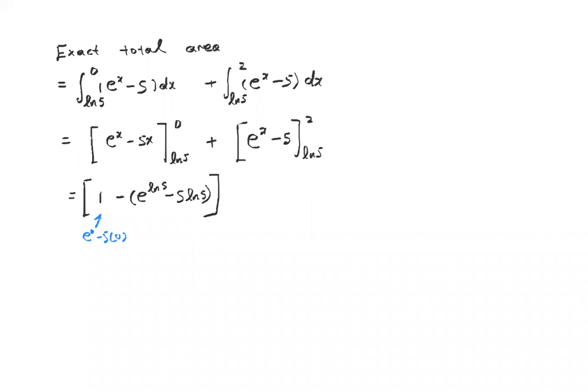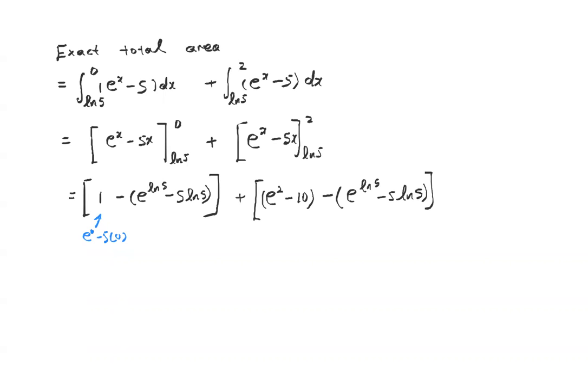Plus e to the power of 2 minus 10. That is the first part. Take away e to the power ln phi minus 5 ln phi. Close.